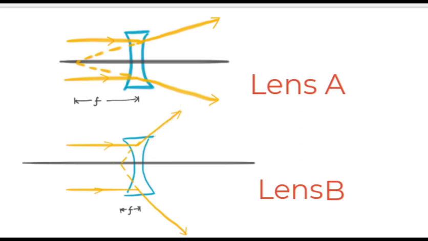So I can also say that the power of lens is the measure of the degree of divergence. The more it diverges, as you see in lens B, the more power. The less it diverges, the less power.